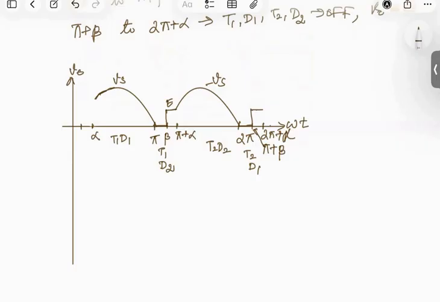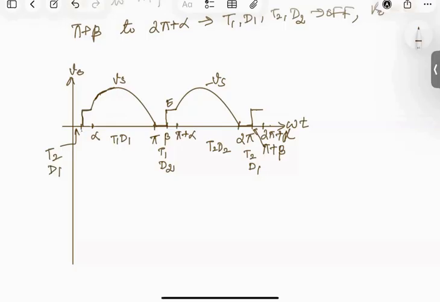We will have the no device on condition. So the output voltage will follow the input voltage. And here we will have the freewheeling action due to the conduction of T2 and D1. So this is the waveform for one full cycle.